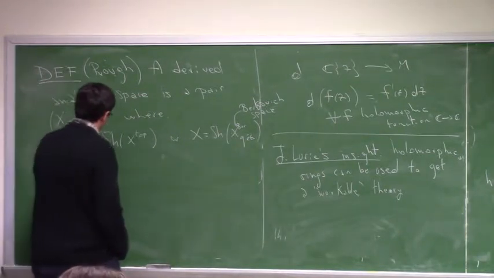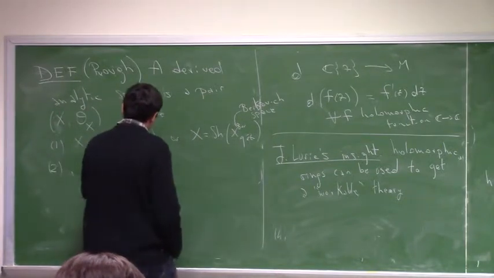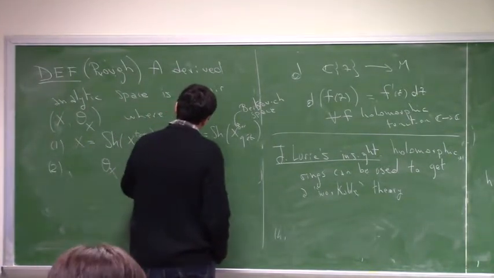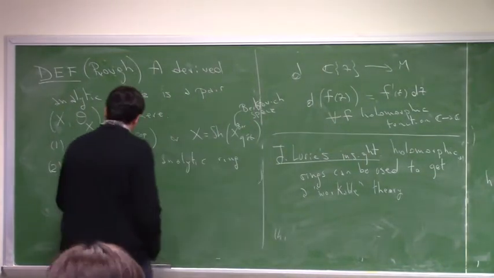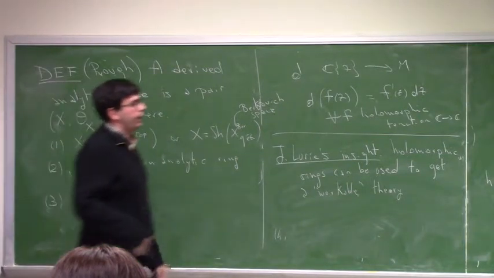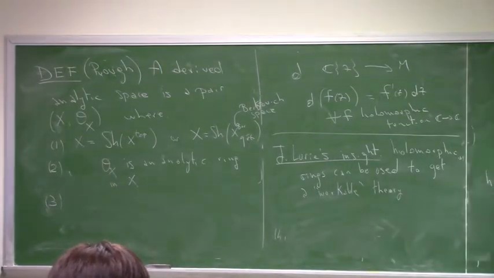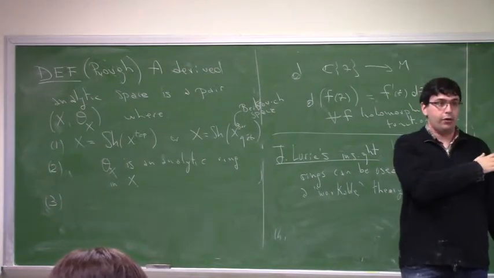Now, OX is an analytic ring in X. If I have an analytic ring, I can of course forget all these lifting properties and just look at the underlying algebra.